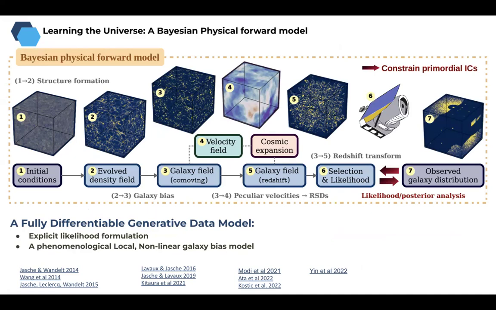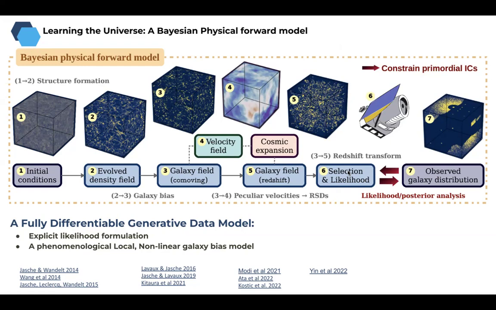Since we are using a simulation-based framework, we can simulate everything ab initio, from initial conditions to the data, by taking into account a variety of very complex aspects of the data generation process. That's first of all starting from the initial conditions to arrive at non-linearly evolved galaxy fields. We can then introduce velocity perturbations, redshift distortions, and cosmic expansion.